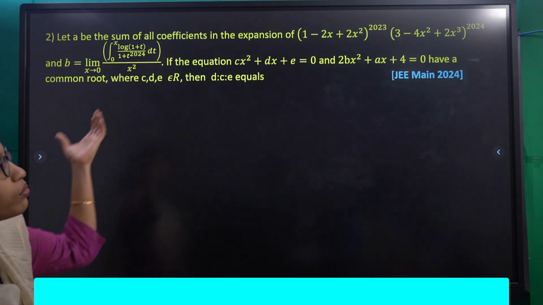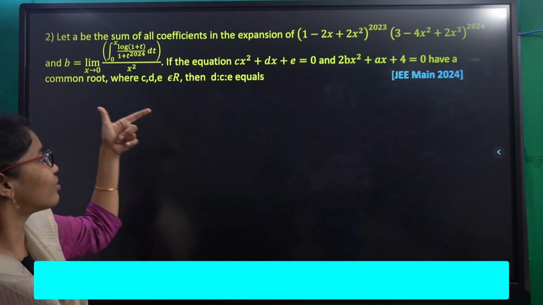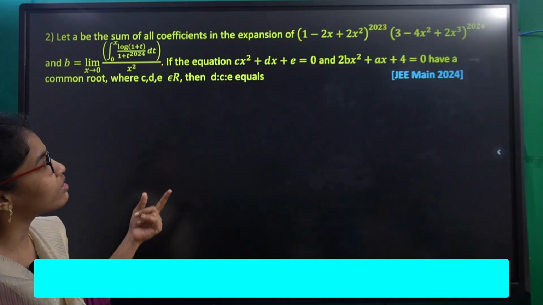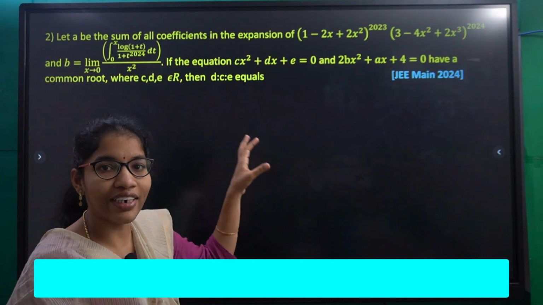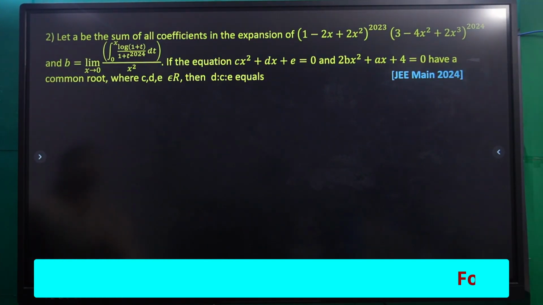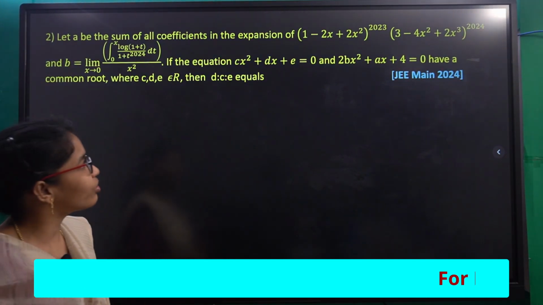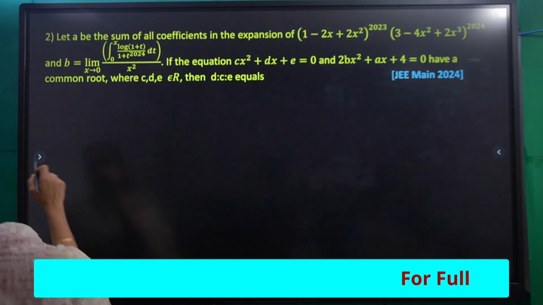Here they included both binomial expansion and the limits and the integrations, right? So if the equations c x square plus d x plus c equals 0 and 2b x square plus a x plus 4 equals 0, and here quadratic expressions they also included, have a common root where c, d, e belong to R, then d : c : e is equal to. So how can you find it?